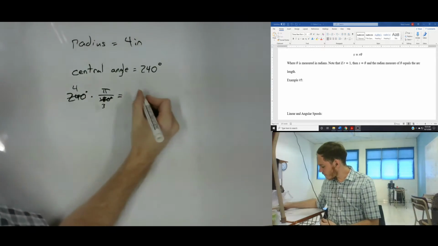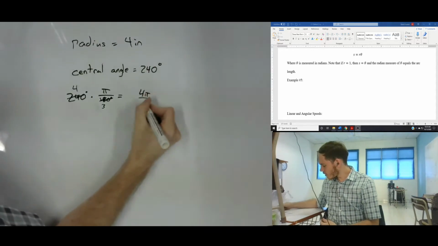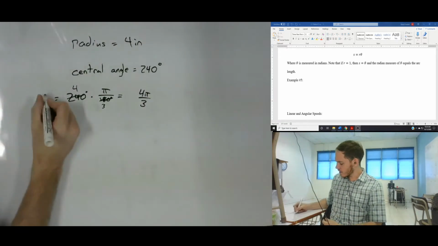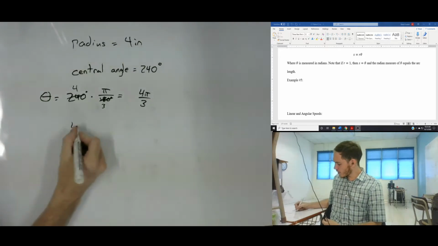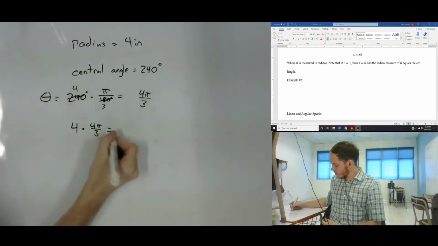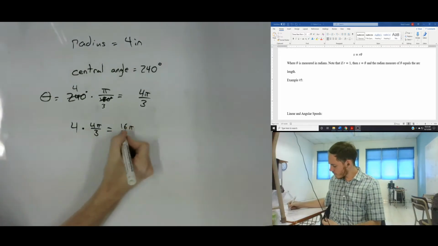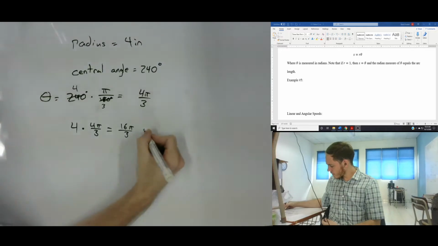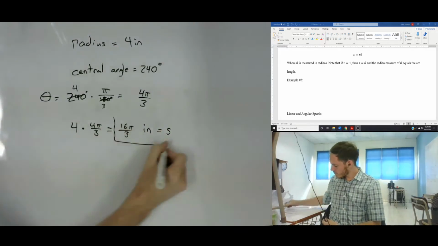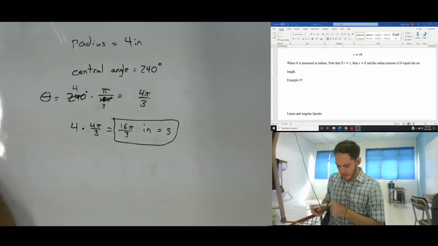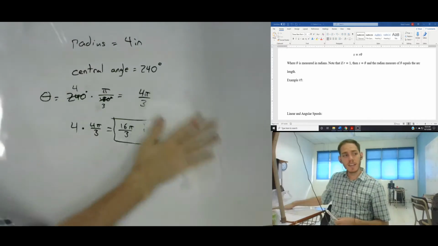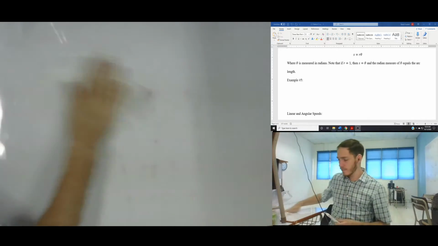So it's going to be 4 pi over 3, which is our angle theta. Then we're going to do 4 times 4 pi over 3. So our answer is 16 pi over 3 inches, which equals s. And in that case, that's going to be correct. Now, do you have to get an exact answer? Yeah, this is actually the exact answer, okay?